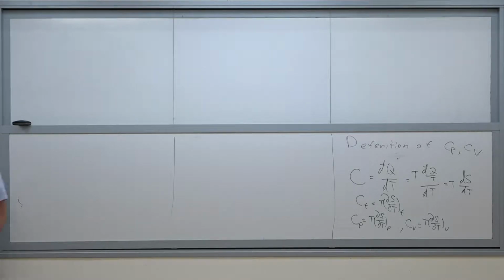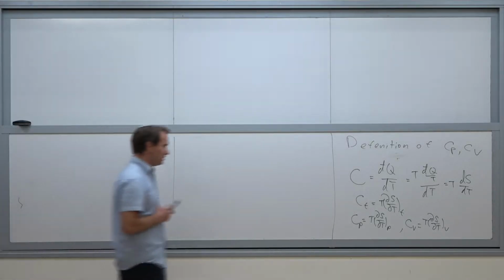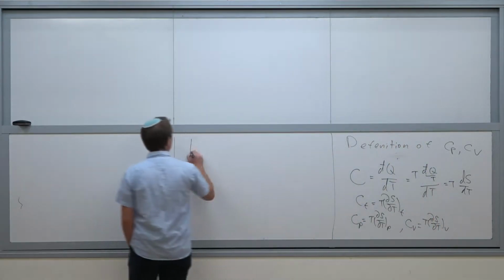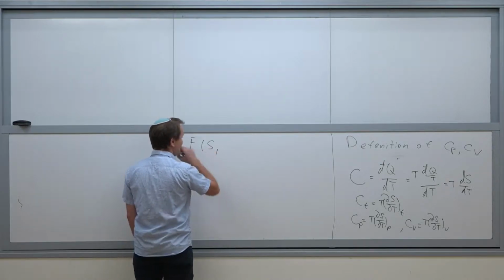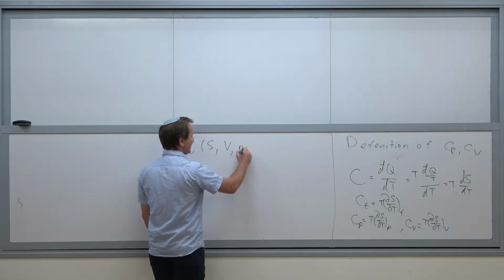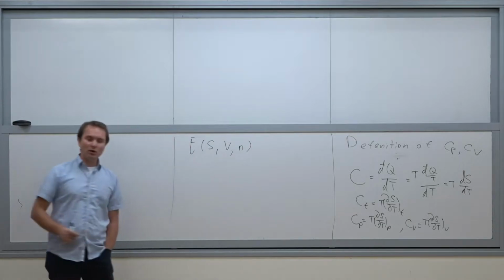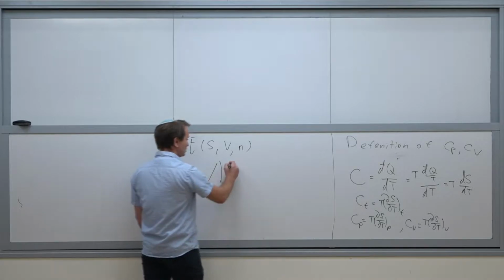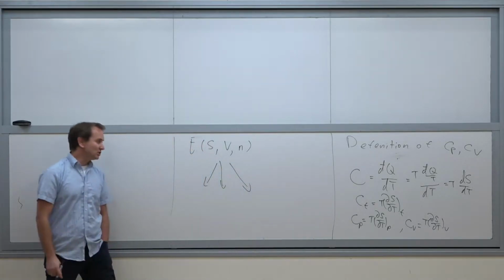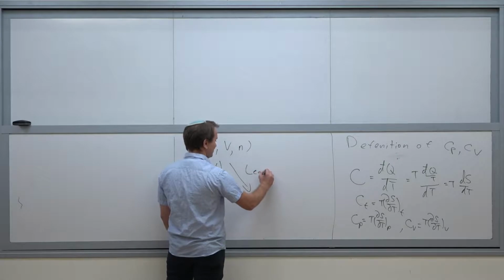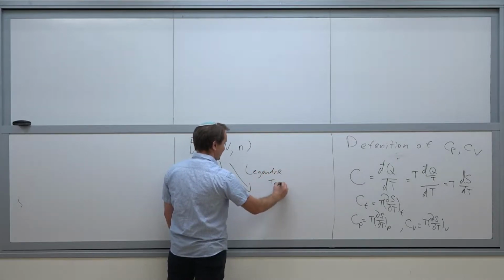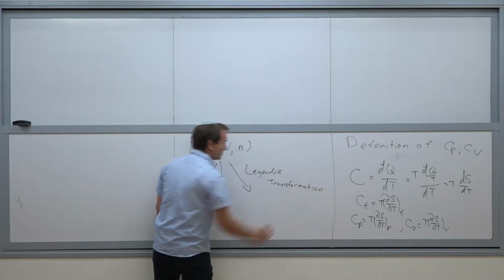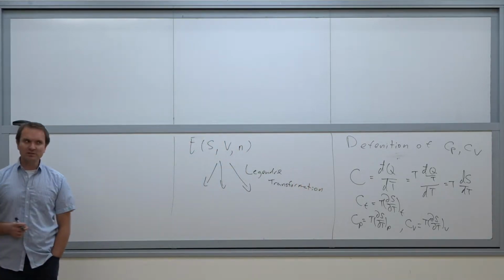Where we actually stopped was when we defined Legendre transformations. If we had E of S, V and N, we know that by Legendre transformation we can obtain several functions that are also functions of state, but the variables are slightly different.